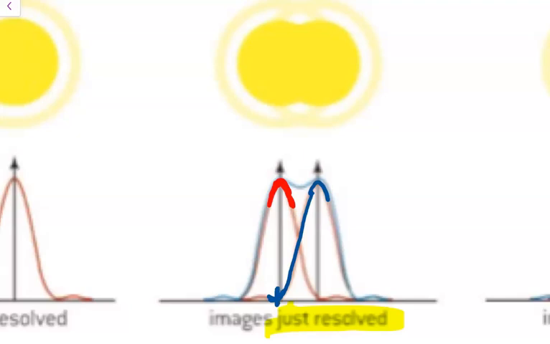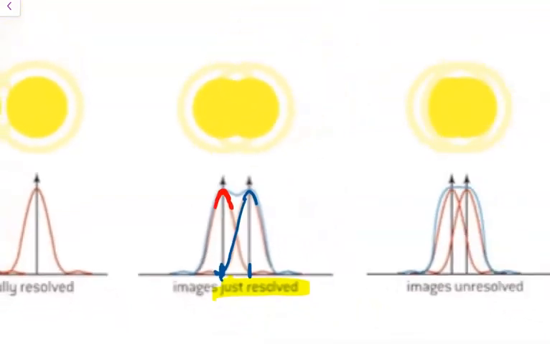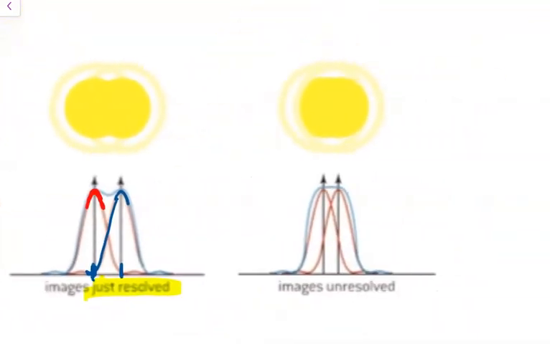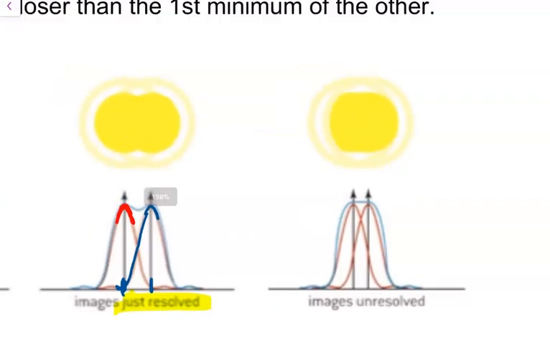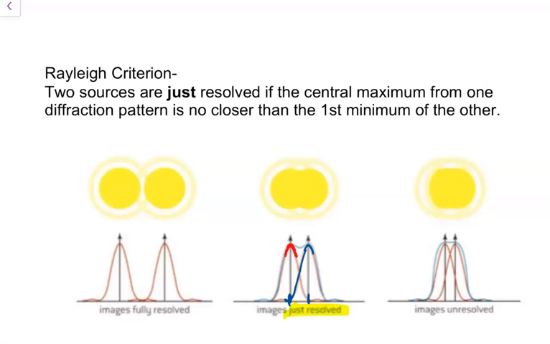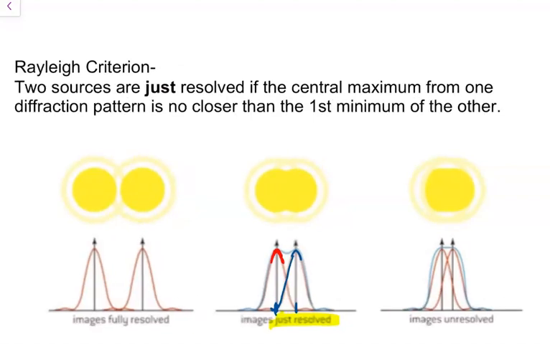So that means the distance between these 2 is equal to the distance from the central max to the first minimum. And that's going to sound familiar, because that sounds like the single slit interference equation. So we want to remember that. And of course, images are unresolved when the images completely overlap. So Rayleigh's criterion says 2 sources are just resolved if the central max of one diffraction pattern is no closer than the first minimum of the other.